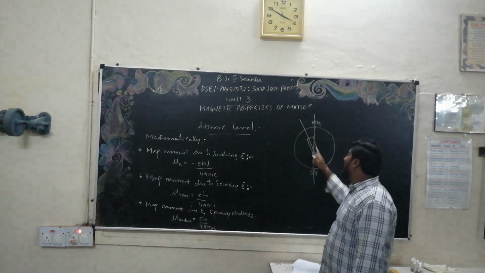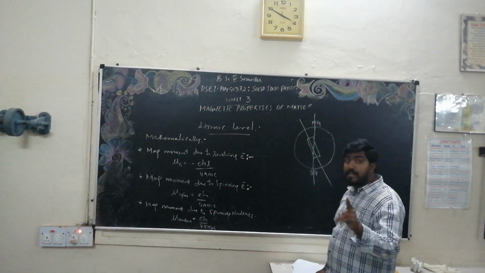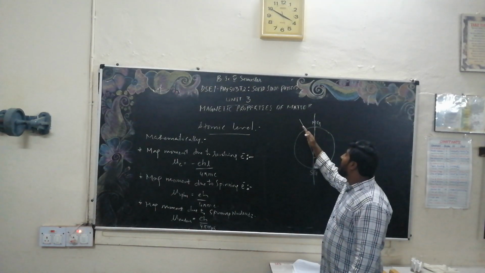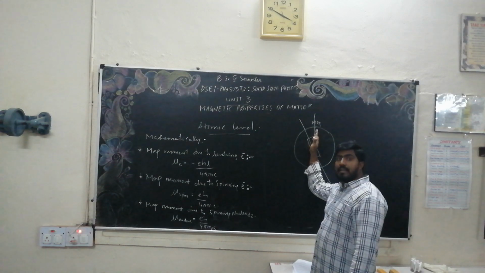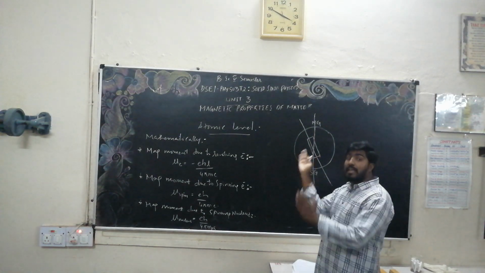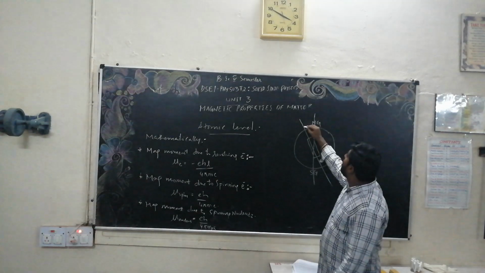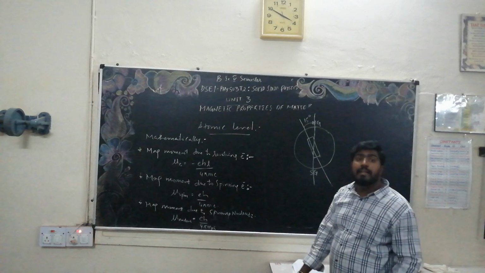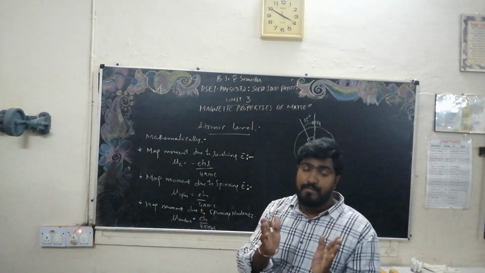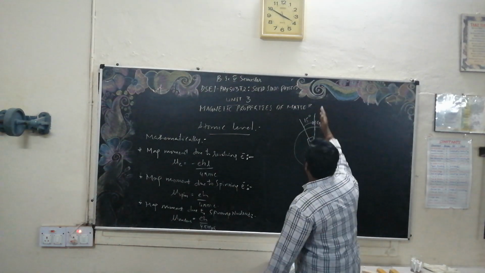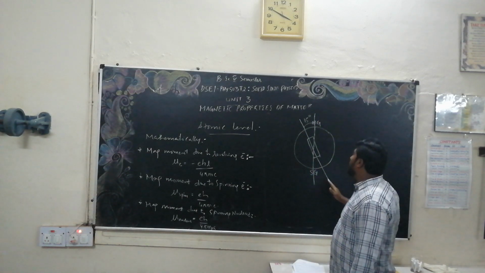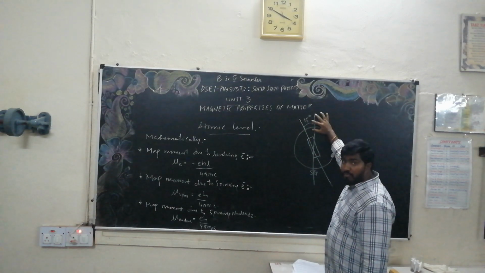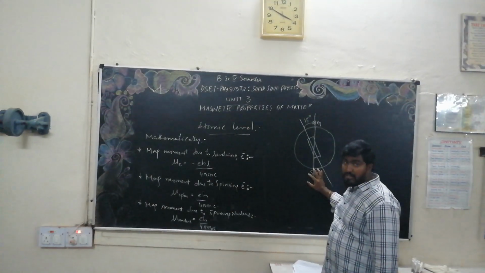Just remember that the magnetic axis and the geographic axis of the Earth never coincide. They make a certain angle, about 15 degrees of difference. This is our geographic axis, this is our magnetic axis.